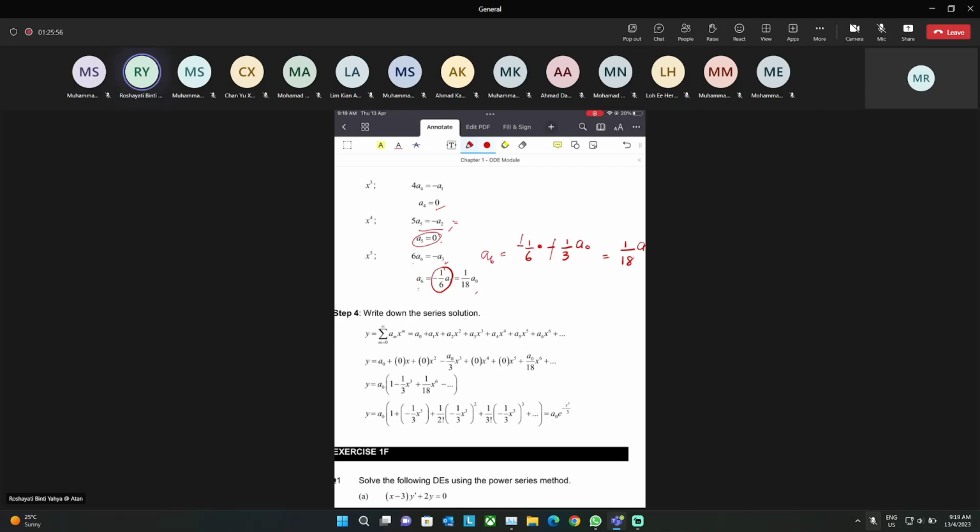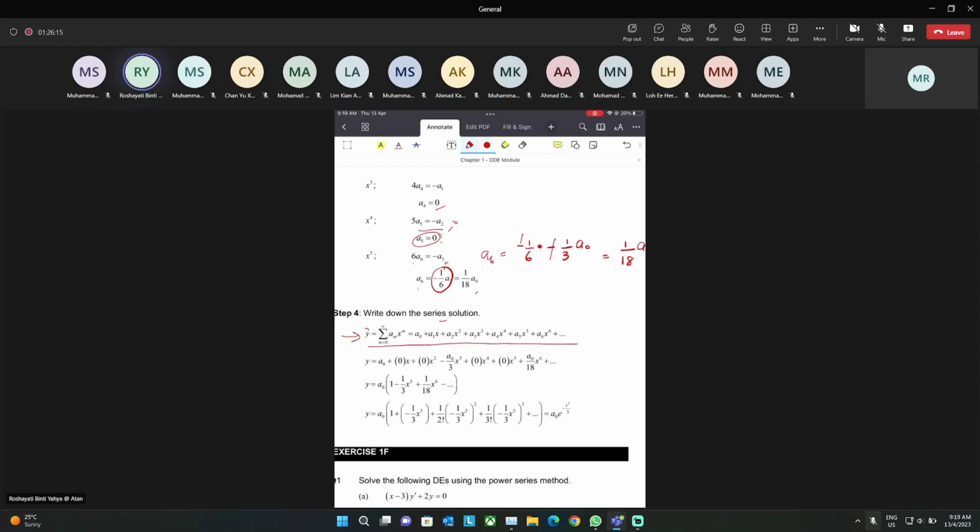Yeah. So we continue to step number 4. Write down the series solution. So based on the step, the solution must be written in the form of y equal to this.